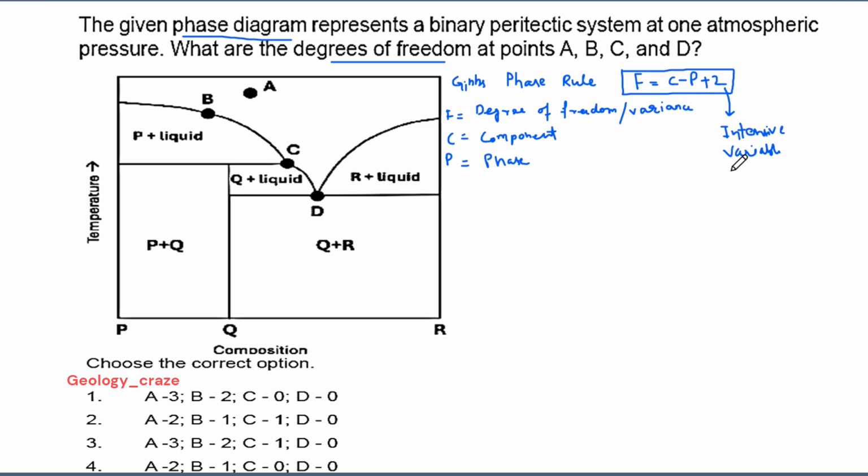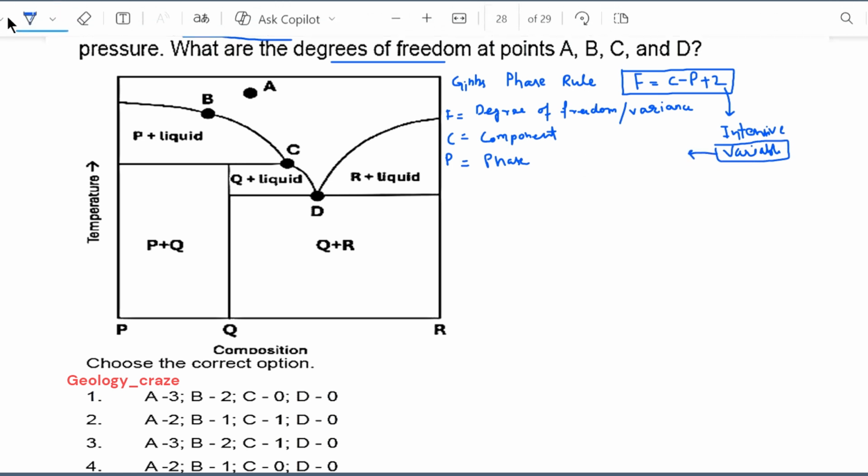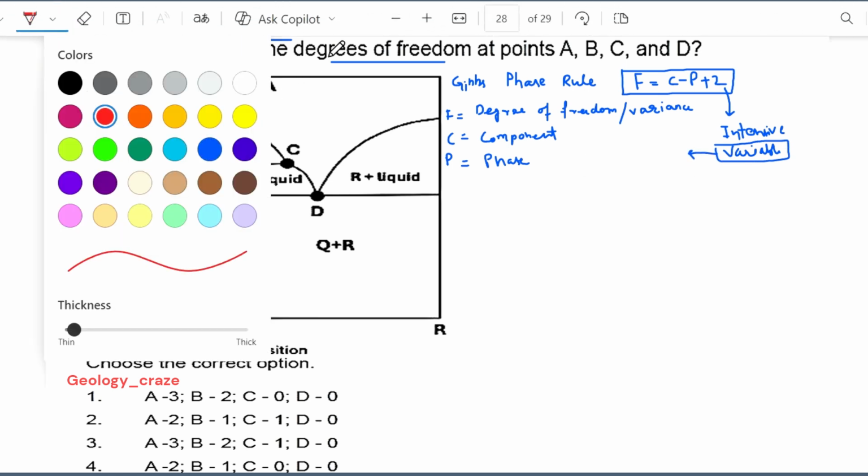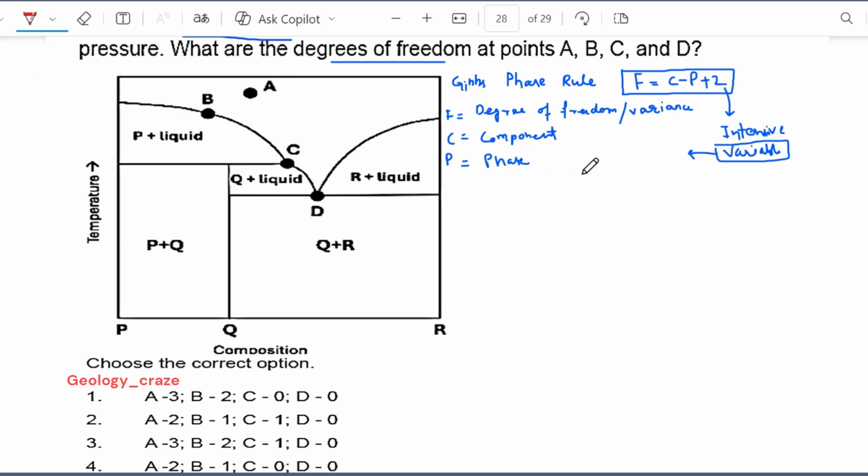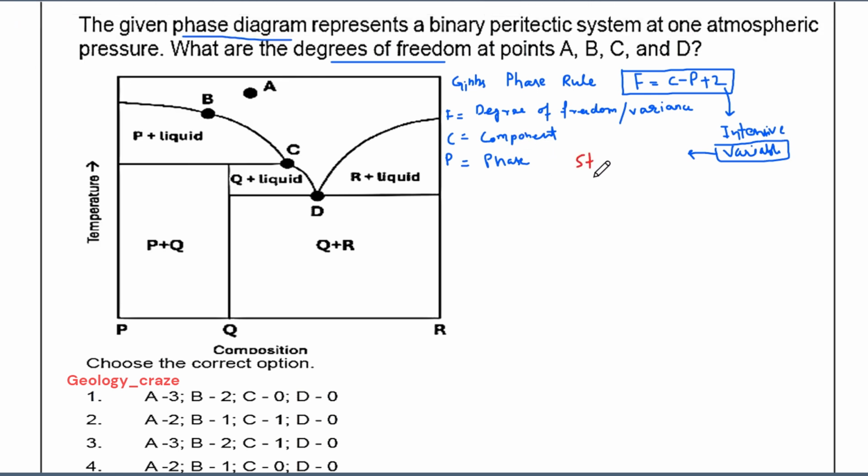First we will understand what a variable is. Variable means state of system. Now one more term is coming: what is system? We will also understand what a system is later. First we will reverse the things.